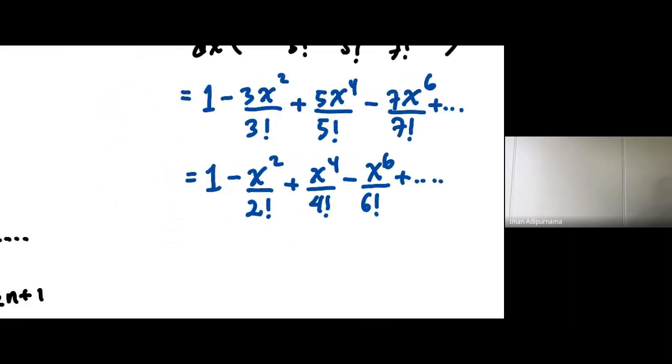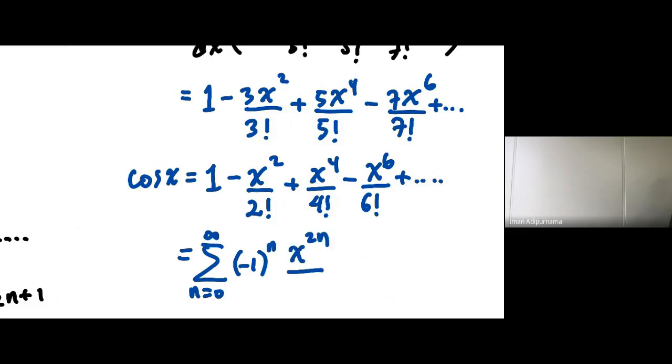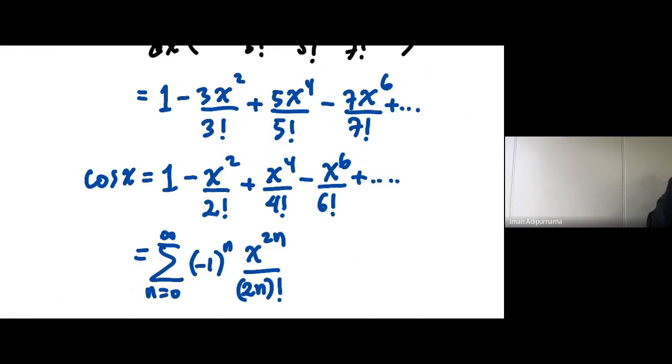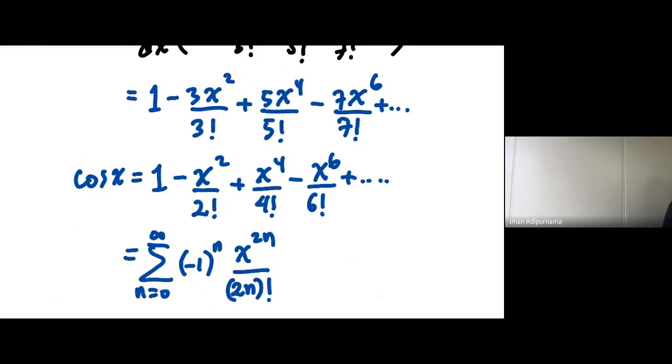Now, this is cosine x, or we can arrange its formula as the sum from n equals 0 to infinity. Yes, it's even number now. This is for all x.